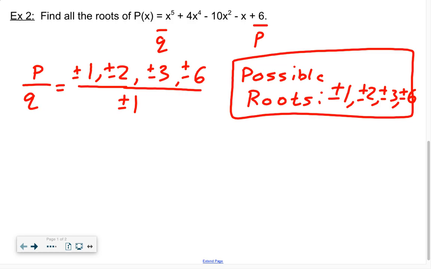1, 5. I bet more than one works. 1 and negative 1? Yeah. I bet others work. Go back to your list. Did you try positive 2? Did you try negative 2? I think we tried negative 2. No. Try the negatives as well.